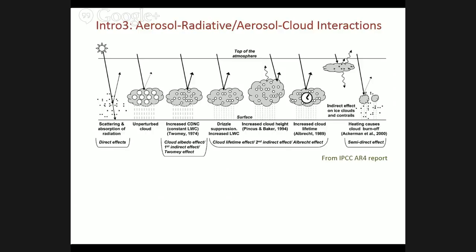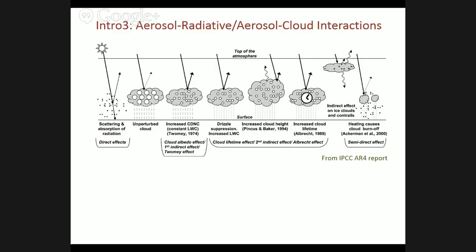When you have a lot of cloud condensation nuclei, the same amount of liquid water gets divided among many small suspended particles. So the droplet size reduces, and this has a direct correlation with the amount of light it reflects back.